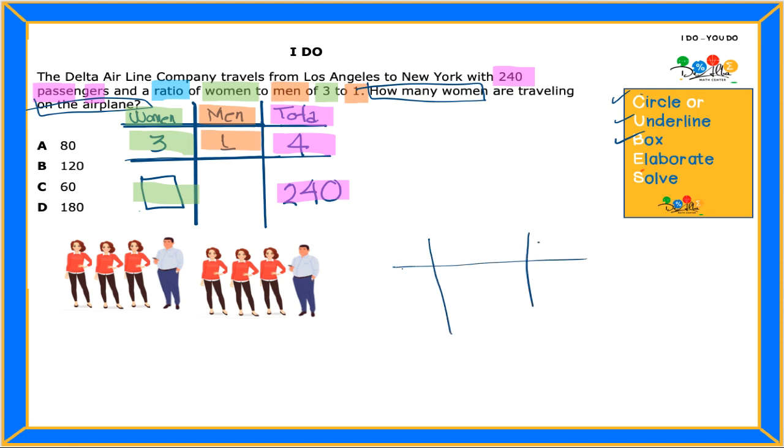So the total of passengers on this group is 8, and the women is 6. Can you see that, guys? But did I already get to this 240? No, I haven't. So what if I double these two groups here?